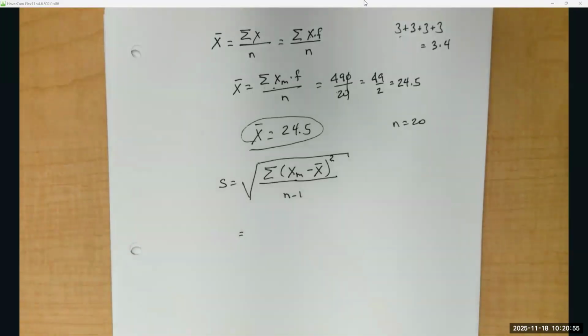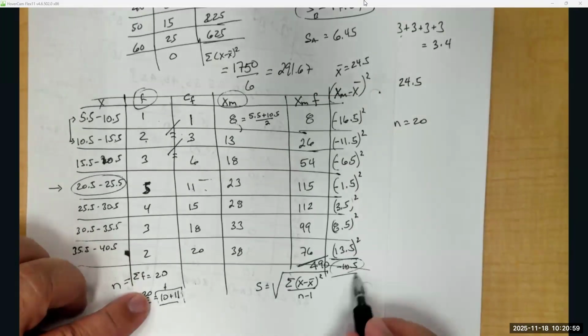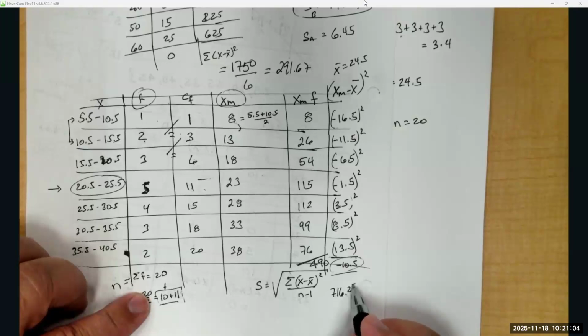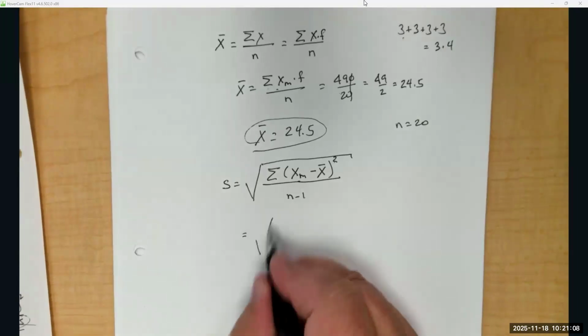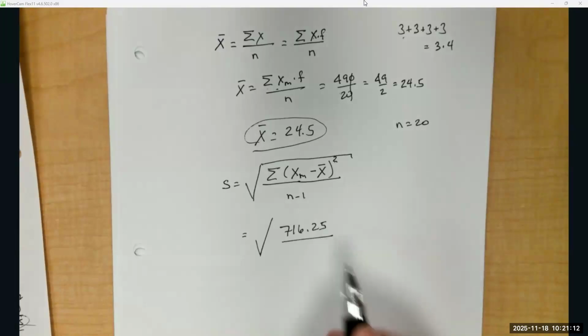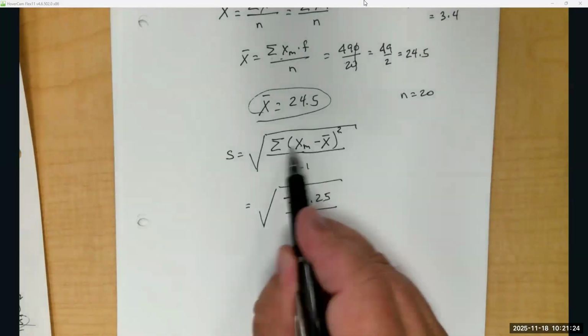Okay, when you square all those, what do you get when you add them all up? All right, so that's the top part.